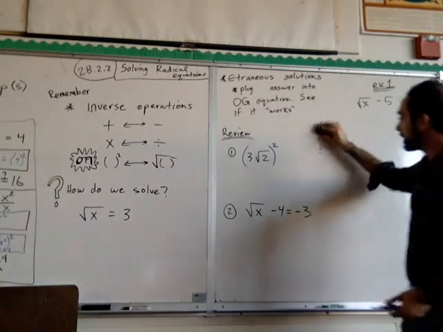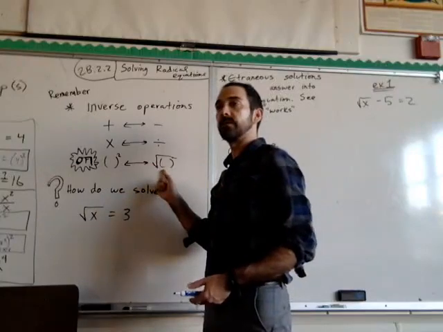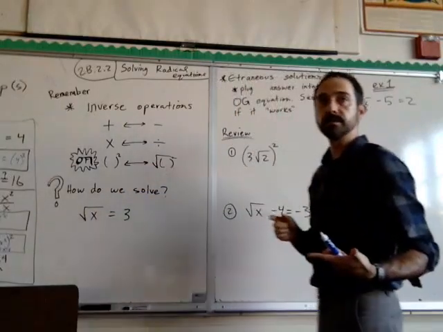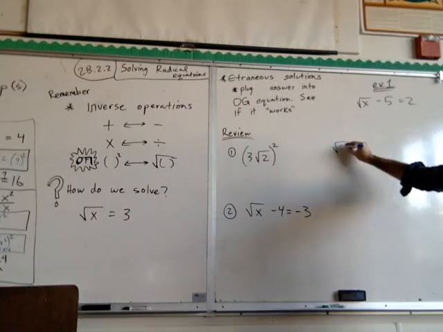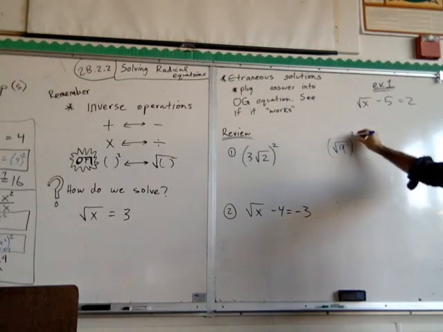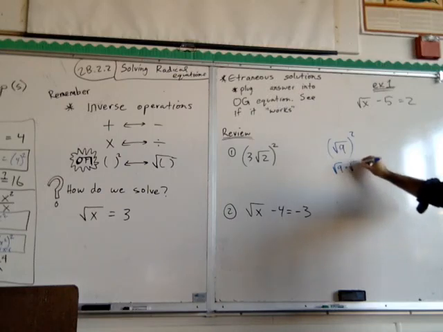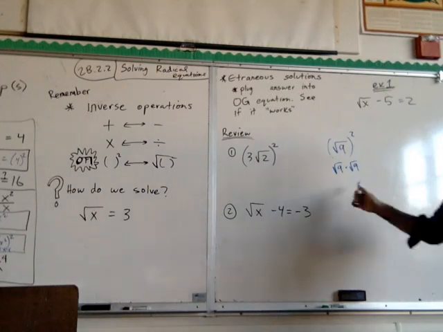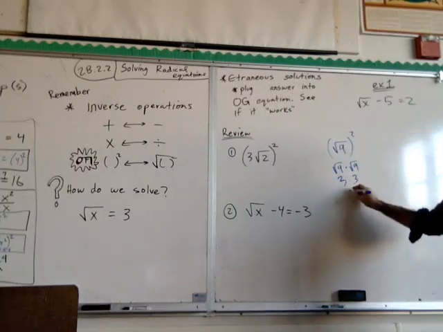The same thing goes on when you have something squared versus something square rooted. They're inverse operations. So if I look at this, if I have the square root of 9 and I square it, essentially what I'm doing is the square root of 9 times the square root of 9, right? What is the square root of 9? 3. What's 3 times 3? 9.